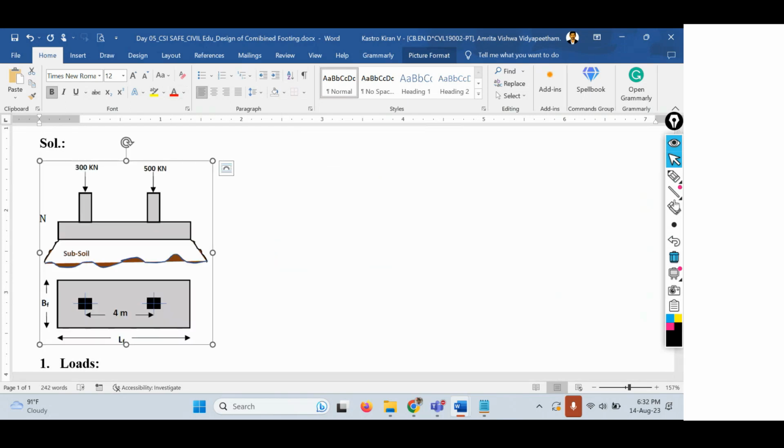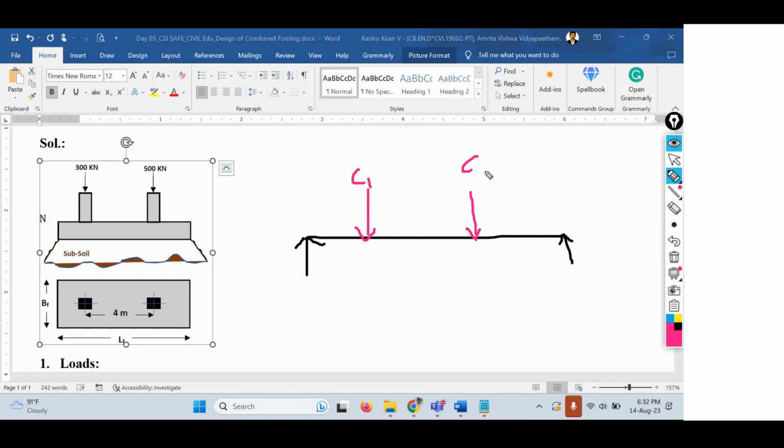Suppose this is one beam, a simply supported beam, with one support here and another support here. On top of the beam we have two intensities of load. This is column 1 and this is column 2. Column 1 has an intensity of 300 kilonewtons and column 2 has an intensity of 500 kilonewtons.